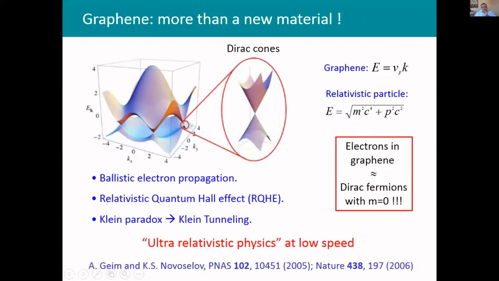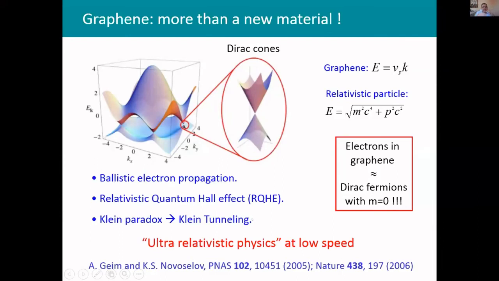So, in summary, graphene is more than a new material. For this reason, the linear behavior producing the Dirac cones, and the main feature was characterized as the Dirac fermions, massless Dirac fermions, or Dirac fermions with mass equal to 0, producing this kind of behavior. In particular, one very exciting property is the Klein tunneling, but today we are not talking about it.